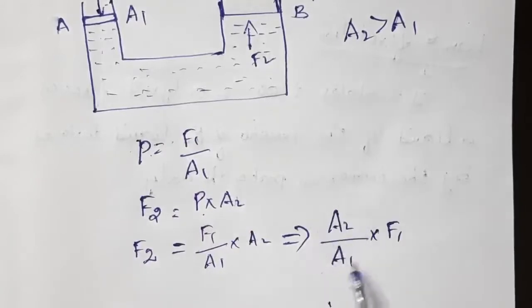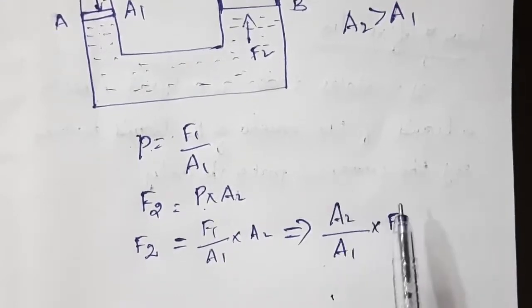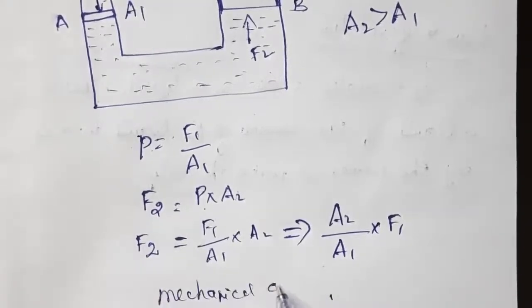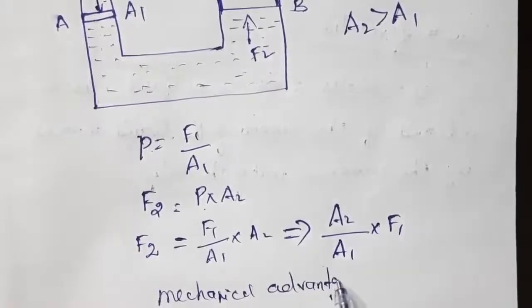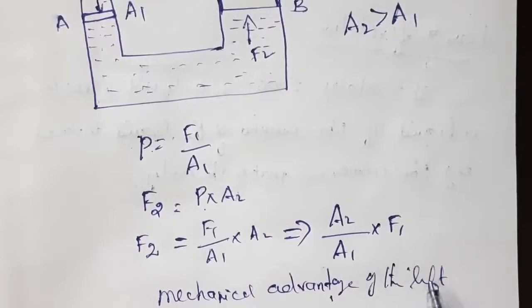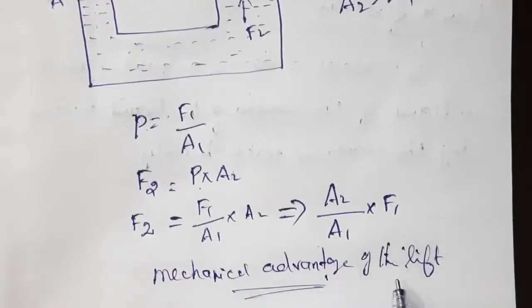That means the force is increased by the factor A2 by A1, and this factor is known as the mechanical advantage of the lift. So this is about Pascal's law.